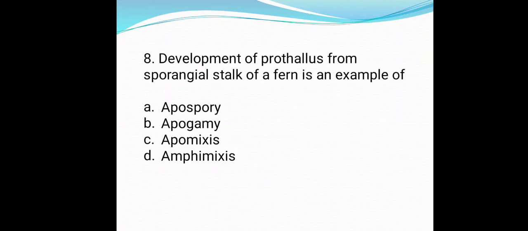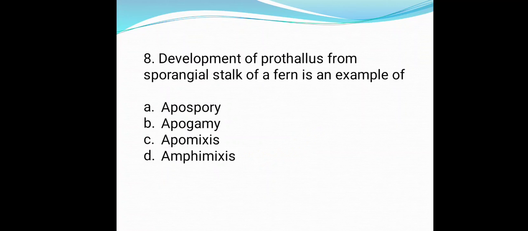The haploid spores germinate to produce haploid gametophyte, which produces gametes by mitosis. The gametes fuse through syngamy to form the diploid zygote, and the diploid zygote gives rise to the diploid sporophyte. This is how the life cycle takes place in the fern.